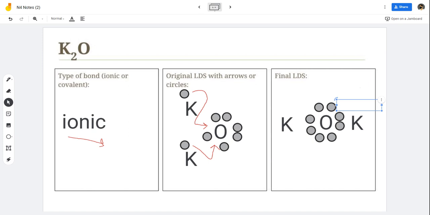So the oxygen got 2 extra electrons, which give it 2 extra negative charges. Each potassium only lost 1 electron, so by losing an electron, the charge actually gets more positive. And that is the final Lewis dot structure for this molecule.